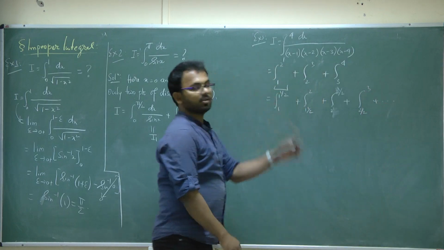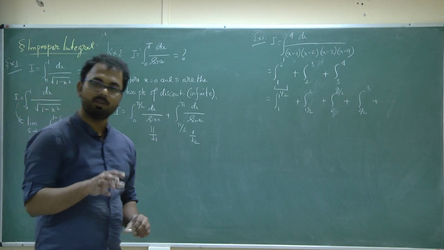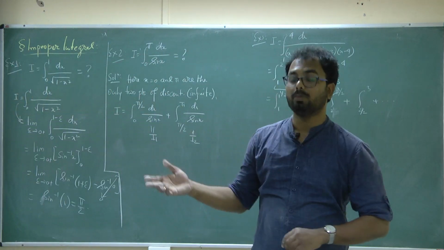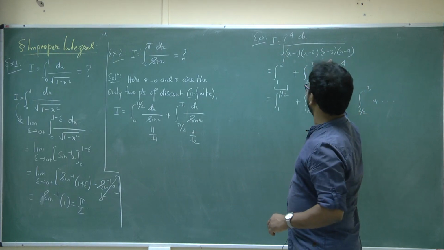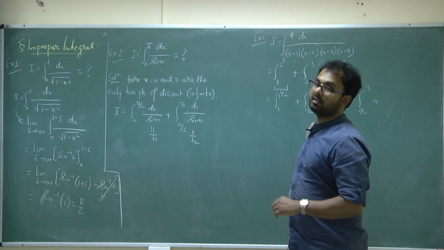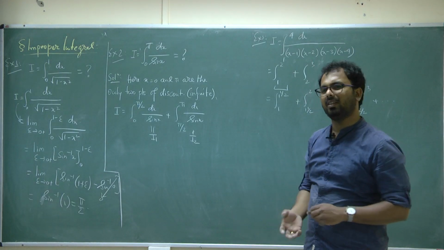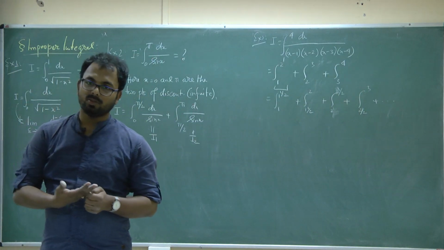So you see, based on the number of points of infinite discontinuity, we have to divide the given integral into that many subintegrals, in fact more than the number of discontinuities we have here, and then you have to evaluate each one of these subintegrals. That will be a little bit lengthy and tedious process, but if the question asks you to do that, you have to do that.